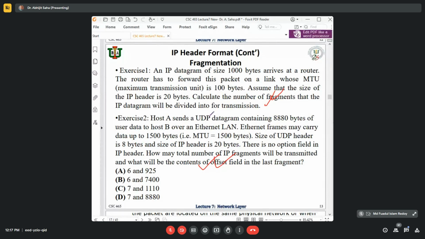With the slide and your answers, please explain to others how you have solved these two exercises for fragmentation. This is the first thing Sumaya Akhtar is going to do. After that, you can have discussions among yourselves.